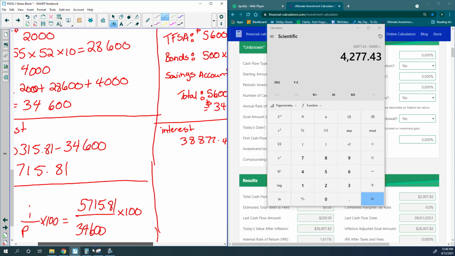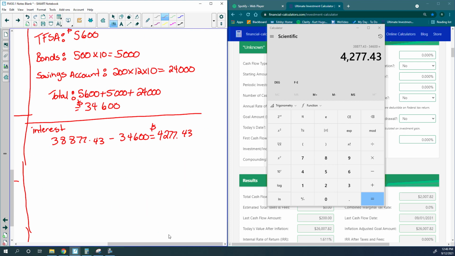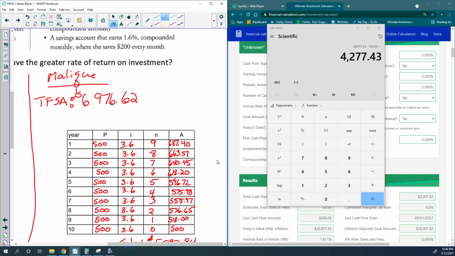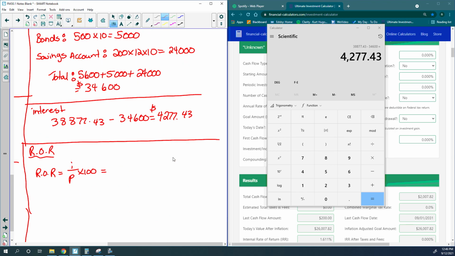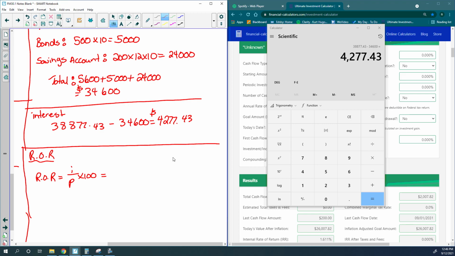And then the final piece is to do the rate of return. The rate of return is equal to your interest divided by your principal times 100. For Malik, her interest was $4,277.43, divided by what she started with, her principal, the 34,600, times 100.